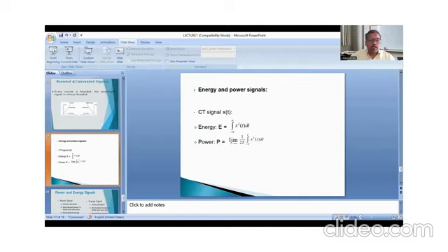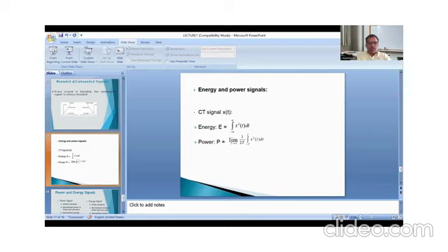Now, there are differences between power signals and energy signals. Power signals are infinite duration signals, almost always periodic signals. Energy signals are finite duration signals. For power signals, the normalized power is finite and non-zero. For energy signals, the normalized energy is finite and non-zero.